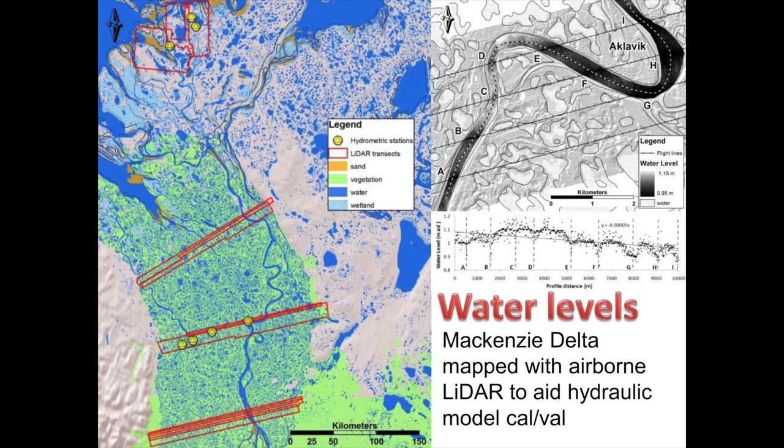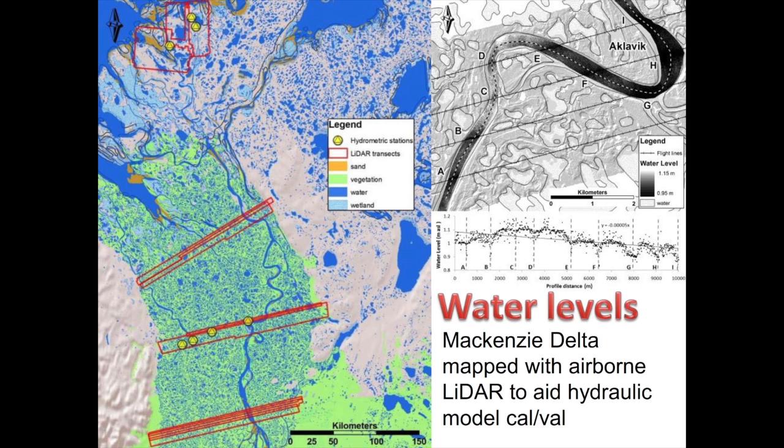And it was a large study. There were a lot of interesting things we observed, but one thing that kind of stood out was that in some of these flow restriction areas, we actually observed a backing up of the water level, such that the water levels seem to rise and then go down. And this was not something that you would be able to capture in a standard hydrometric network.